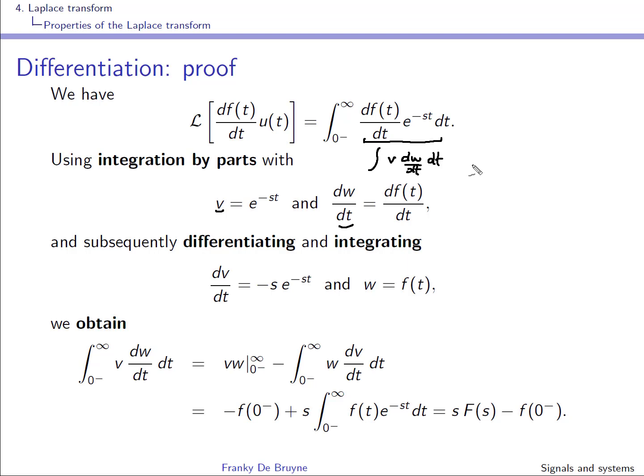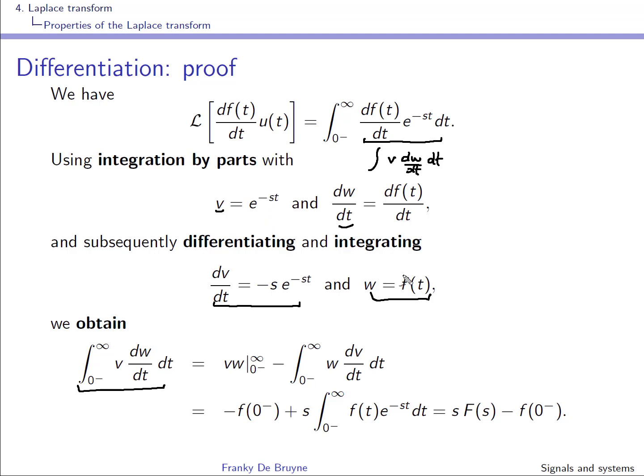Okay, so we have to work by parts. What we have to do is differentiate this one and integrate this one. This is what we obtain over here. This integral can be rewritten as v times w evaluated at the integration bounds 0 minus to infinity.